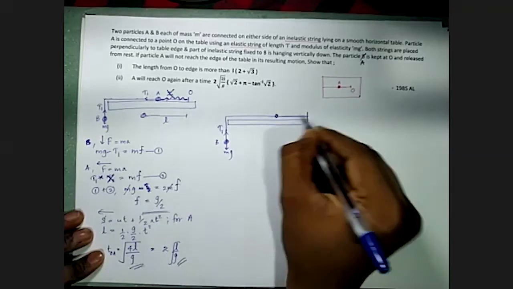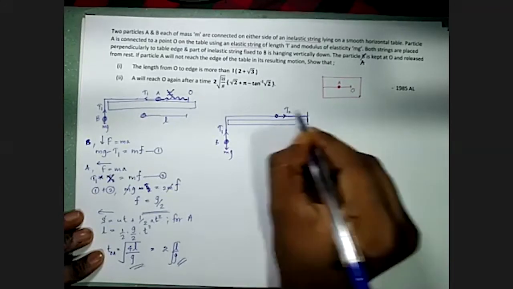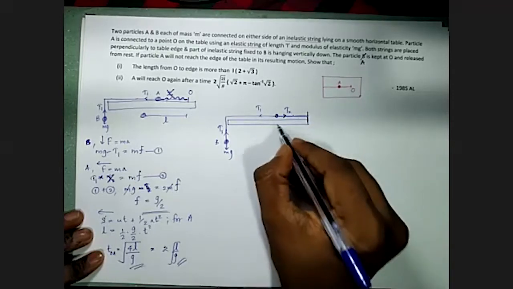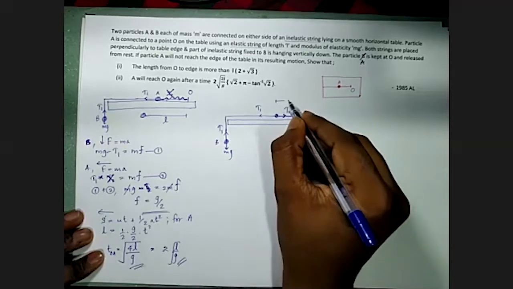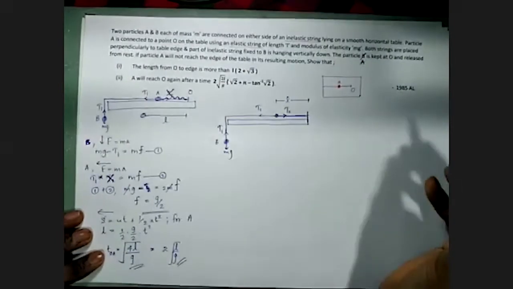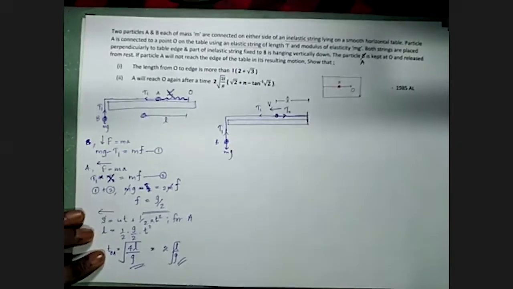Now this is stretched. Therefore it is applying a tension T2. Here T1. This is the natural length of the elastic string, L. Now we have to find this velocity V.